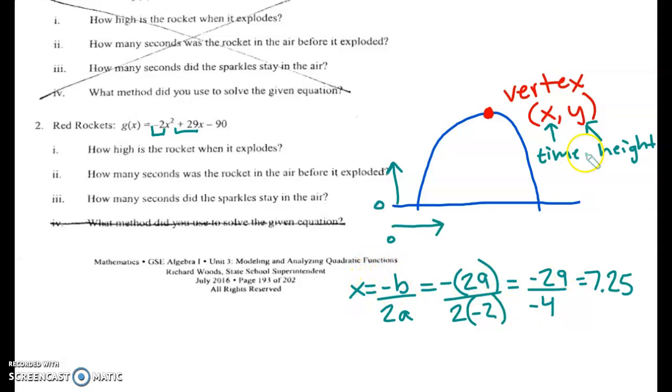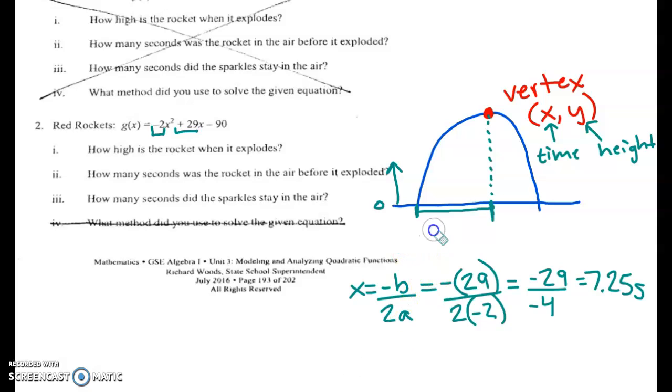Okay, so what is x? Is it time or height? It's time. So this is in seconds. So what does that mean? 7.25 seconds. Well, right here is when the firework exploded. So from here all the way to here was 7.25 seconds.